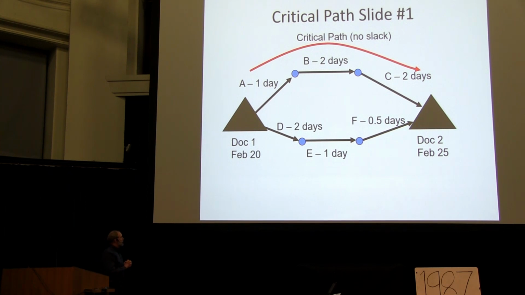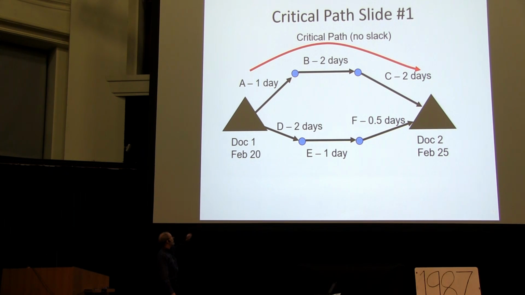If you look at something like this, which you might have, on February 20th you're supposed to deliver one document. On the 25th, let's say you need to deliver another one, and here are the amounts of time that you figure and the steps in order to work it. Well, there is a critical path in the sense that there's a path that's going to take you the longest.